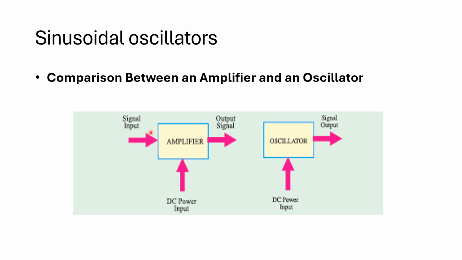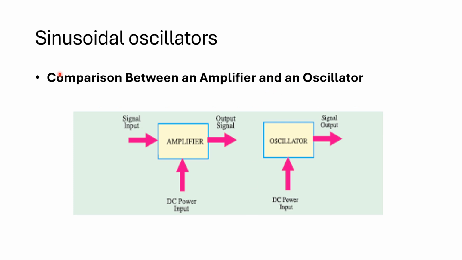Okay, so for an amplifier circuit, if we do not have an input signal, we don't have any output signal. So energy conversion is controlled by the input signal. Without an input signal, we do not have an output signal.